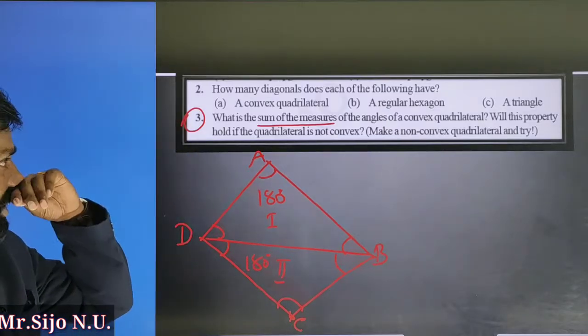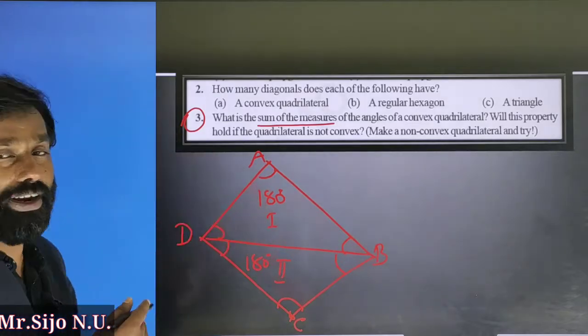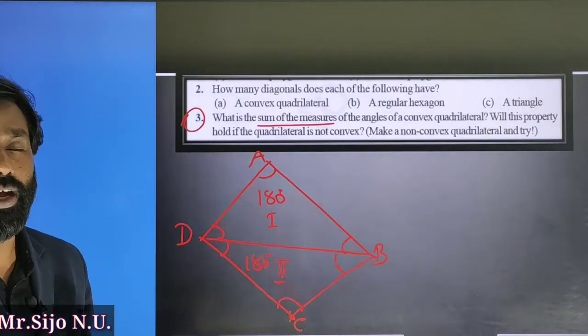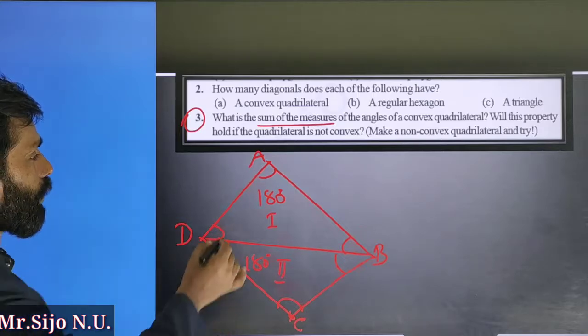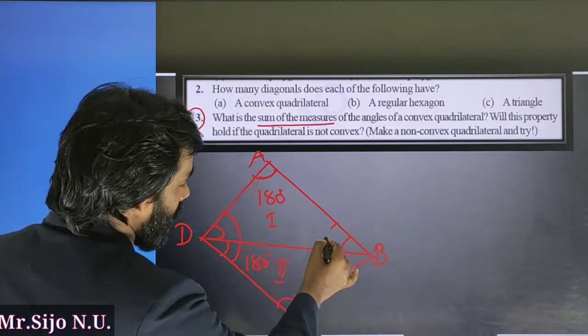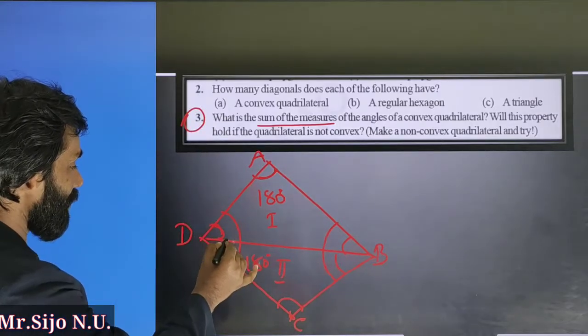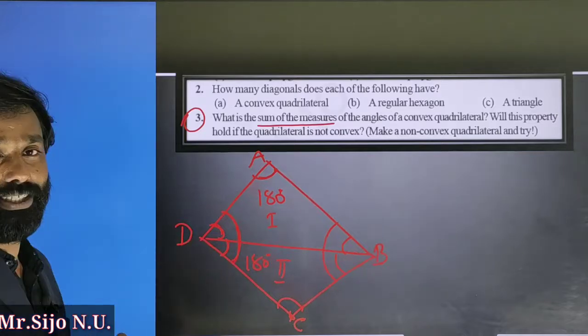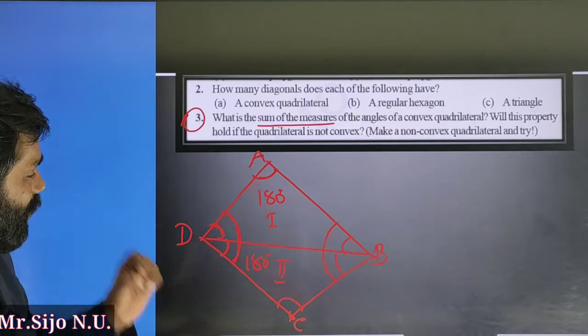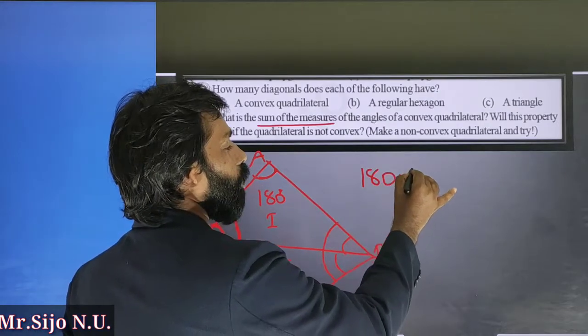Now what they are asking us is the sum of the angles of the whole quadrilateral, right? So we know that it should be this plus this plus this angle plus this angle. Yes, we know that this plus this gives this angle. So it should be 180 plus 180.